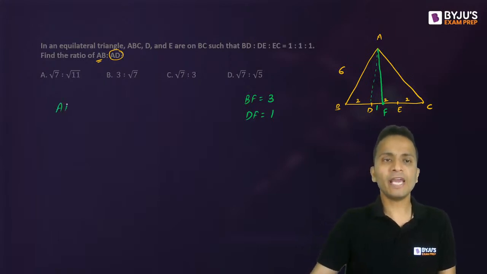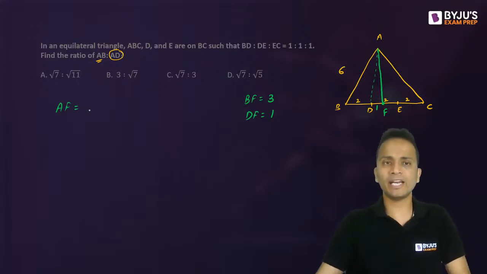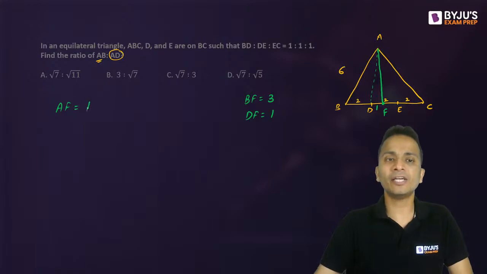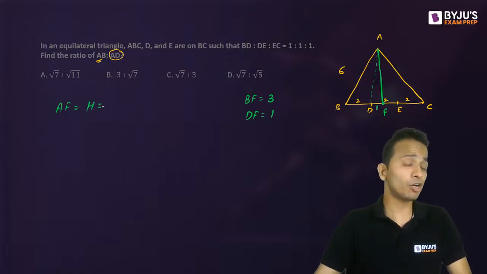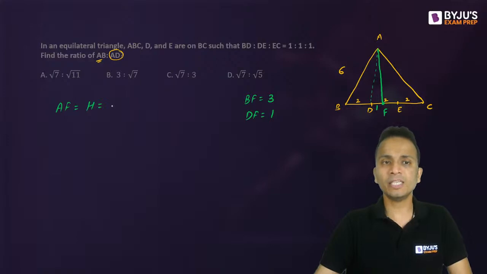Now length of AF, which is the height of this triangle, you can note down the direct formula for this. The height of an equilateral triangle is equal to root 3 upon 2 into the side. So that will be equal to root 3 upon 2 multiplied by 6, that is 3 root 3. So AF is equal to 3 root 3 and DF is equal to 1.